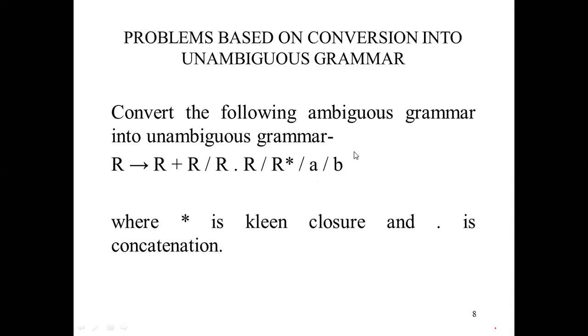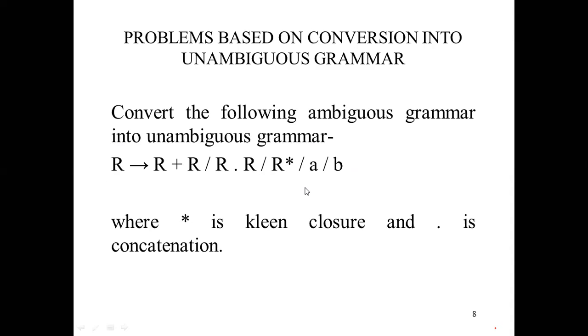Convert the following ambiguous grammar. They are saying that this grammar is ambiguous and we want to change it into an unambiguous grammar. So how will we change it into the unambiguous grammar? Because by using the given grammar, we are unable to get the proper output.